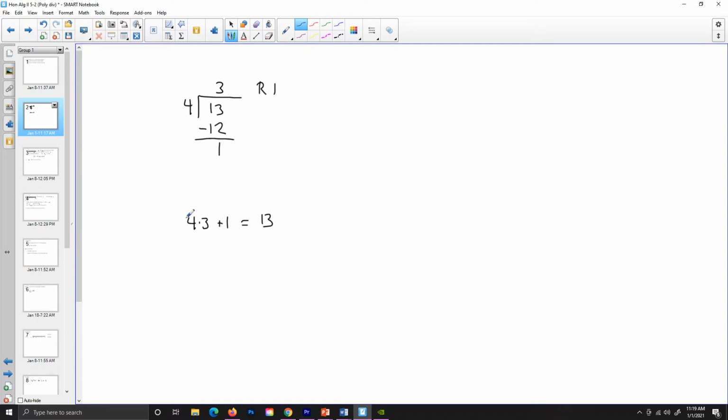Now, just as a little bit of a reminder, this value here is the divisor. This value right here is the dividend. This value here is called the quotient. And this value here is called the remainder.